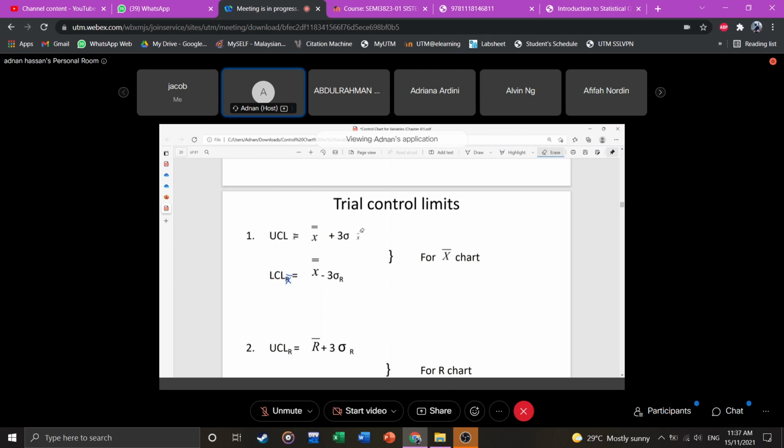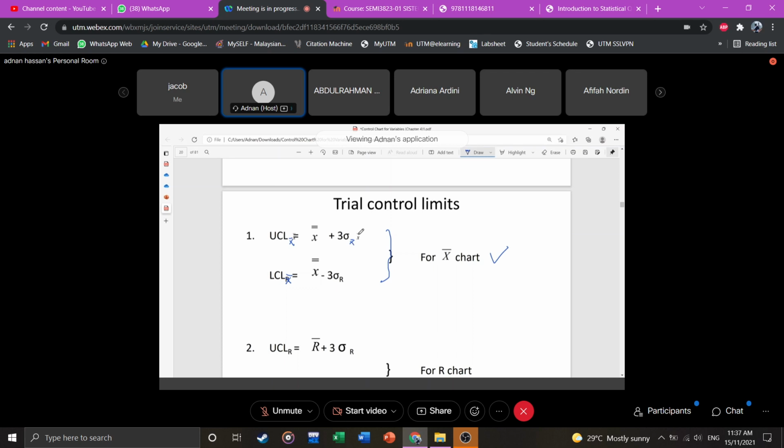Okay, what is showing here is the X bar chart. Upper control limit: normally we put the X bar here to show this upper control limit for X bar. X double bar is the center line, plus 3 sigma X bar.